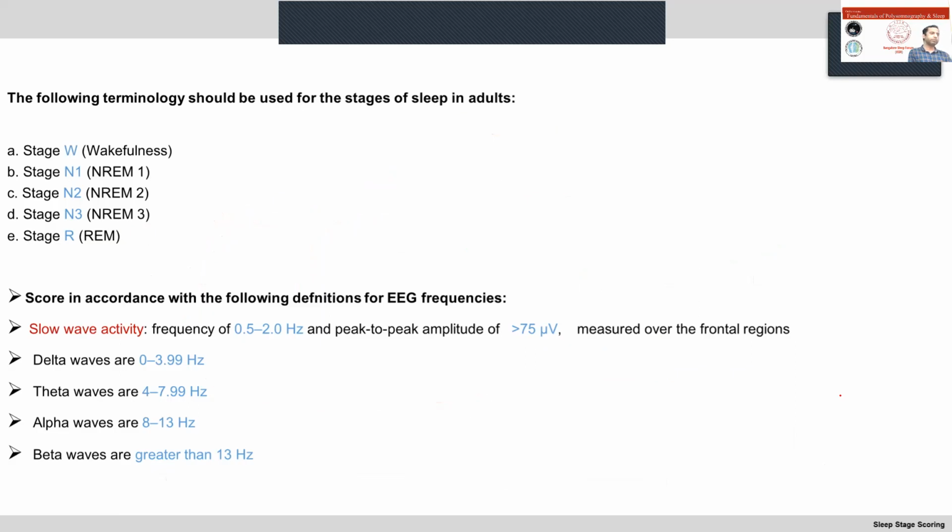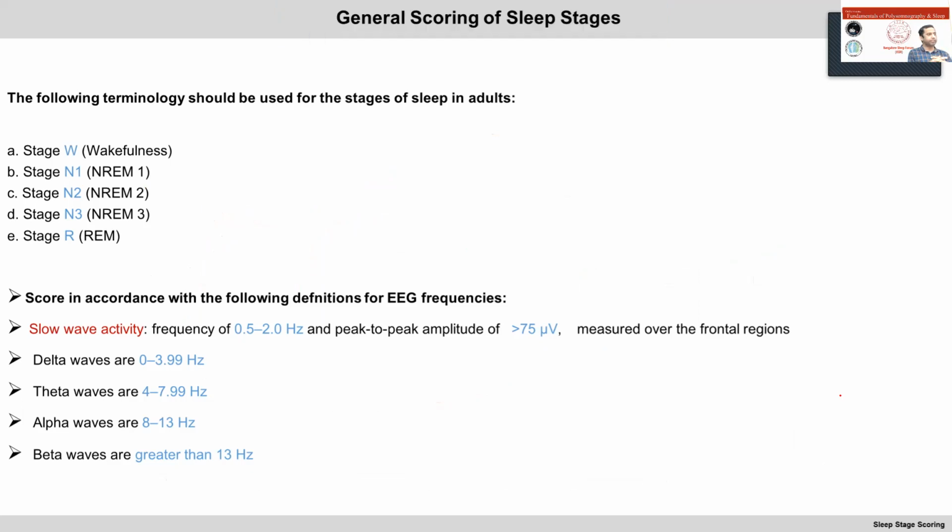For general scoring of sleep stages, the terminology we use is: stage wakefulness is known as stage W, stage N1 is also called non-REM 1, stage N2 non-REM 2, stage N3 non-REM 3, and stage REM. In some textbooks, non-REM 3 and non-REM 4 are given separately, but they have now been put together.